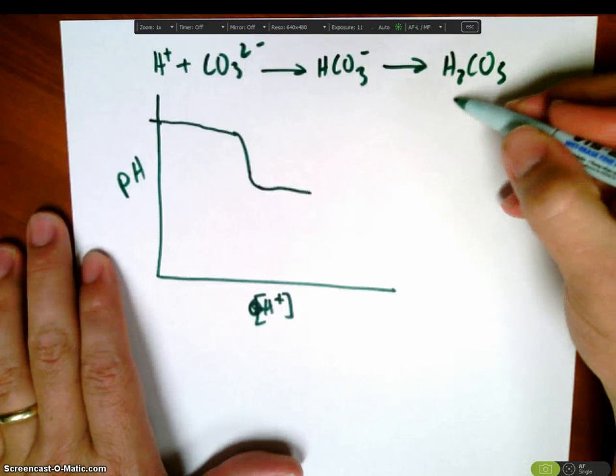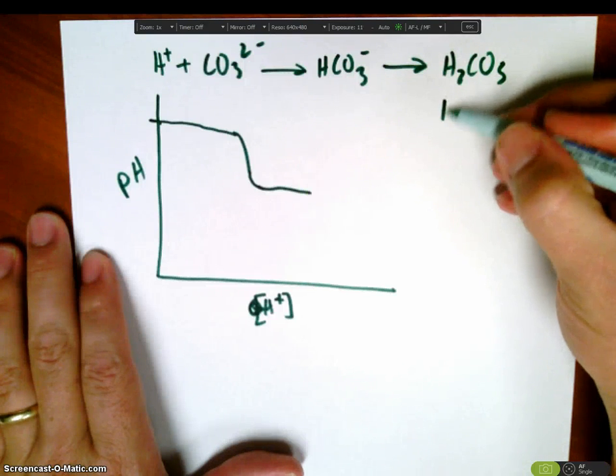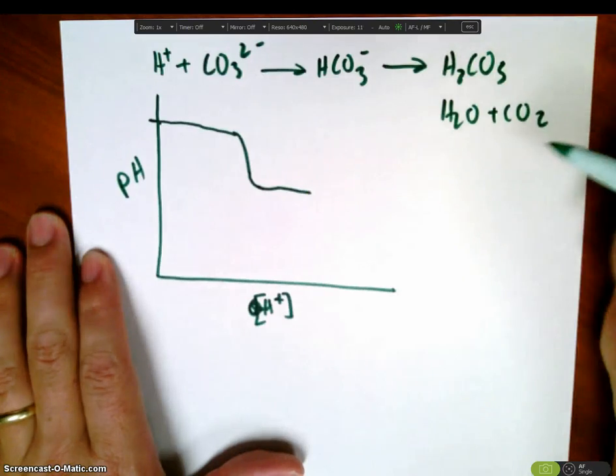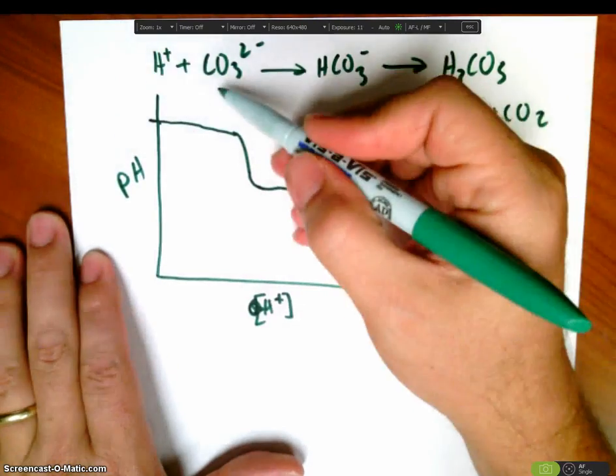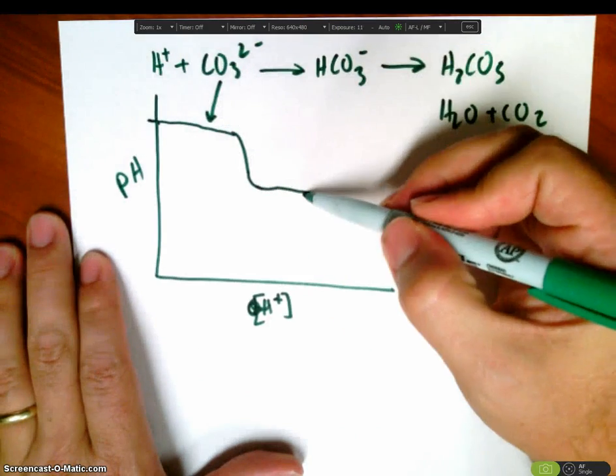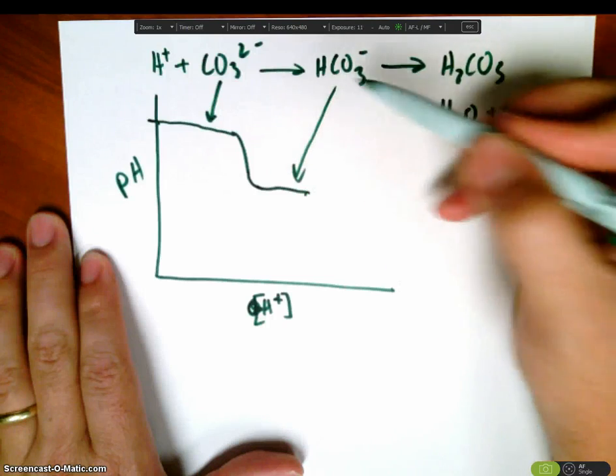Now H2CO3 decomposes into water and carbon dioxide, right? So you'll see some bubbles when you get to the H2CO3. So this is the consumption of the carbonate ion converting to the bicarbonate ion. This one is converting the bicarbonate ion to the H2CO3.